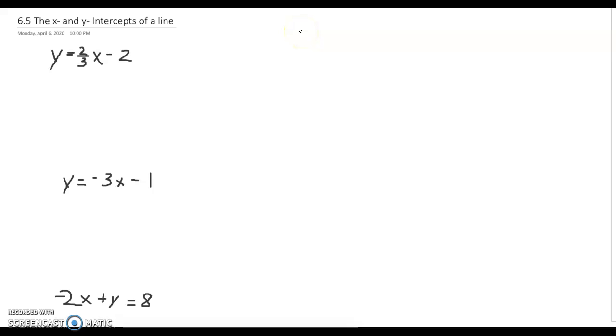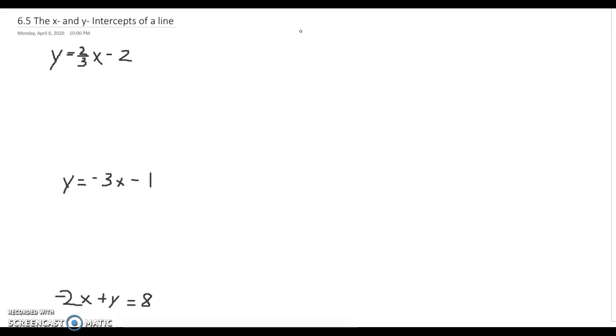We're going to go over a concept known as the x and y intercept of a line. What we're going to deal with here is you're going to work out this equation by substituting zero for the variables. Like I said, we're going to find the x and y intercept of a linear equation by substituting zero for one of the variables and then solve for the other.